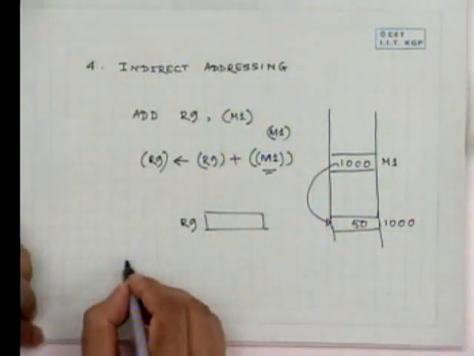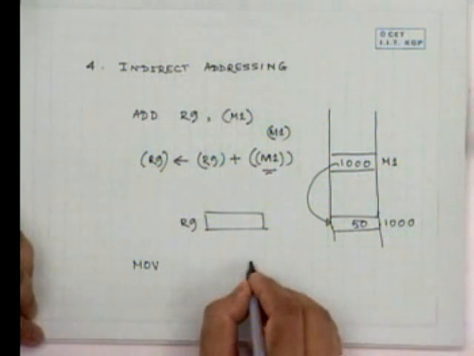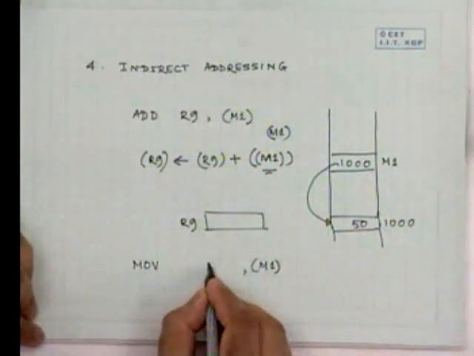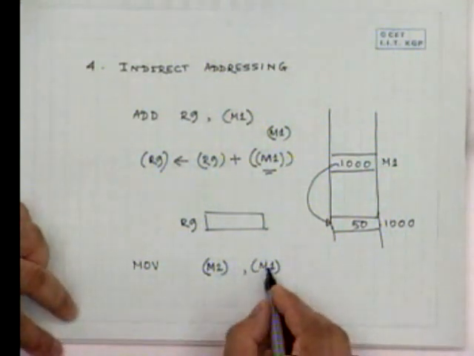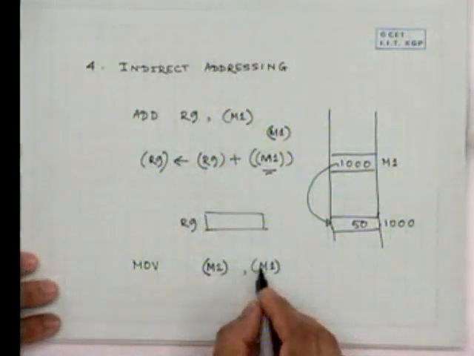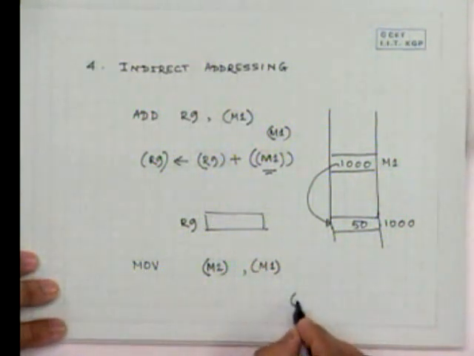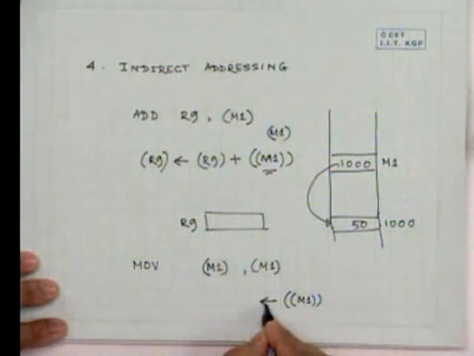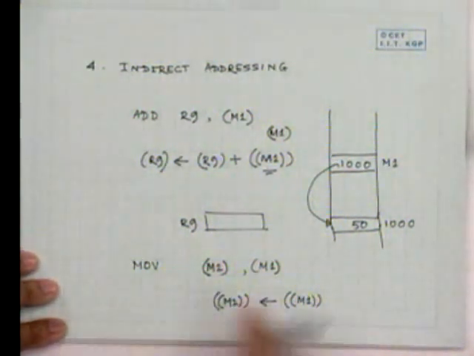Let's take another example. Say we say move M1 to, say, M2. This means that the effective address of the source is the content of M1, the effective address of the destination is the content of M2, and the operation is that the content of M1 is moved as the content of M2.